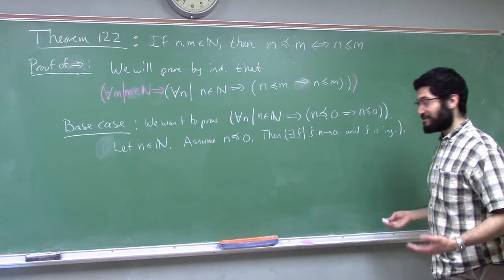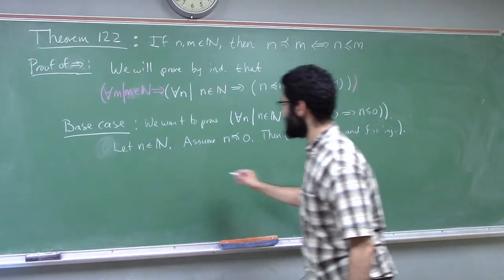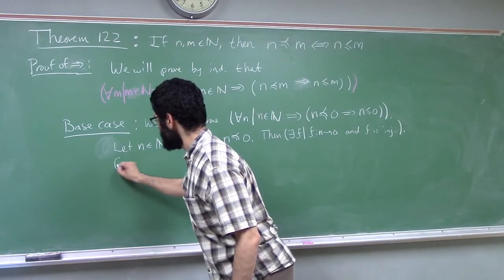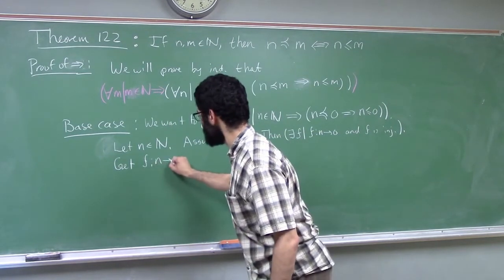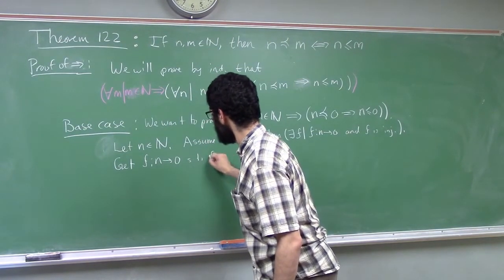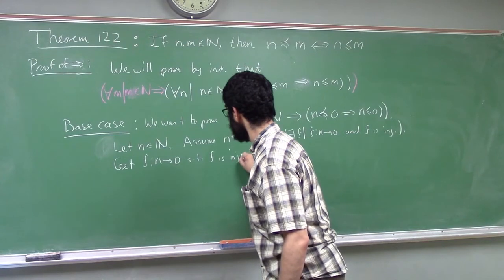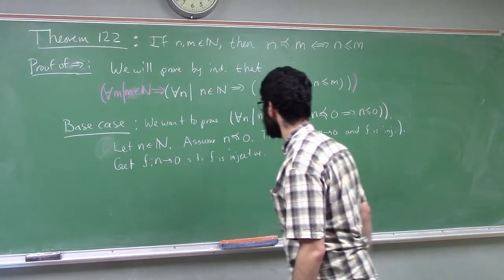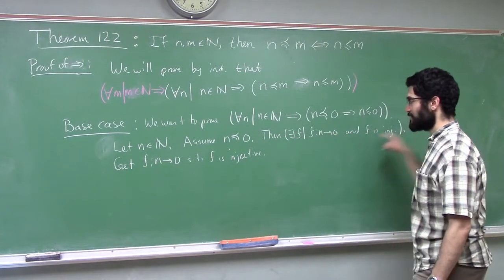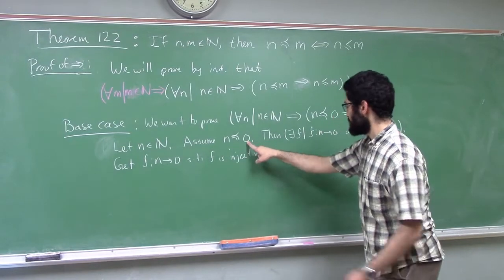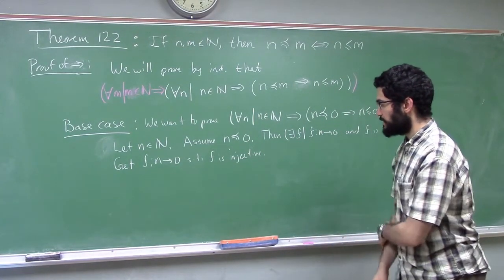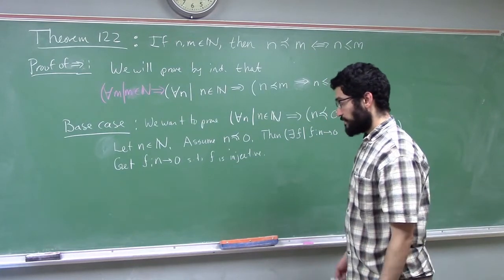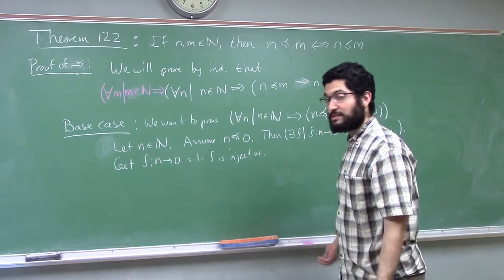So that means we can get an f from n to 0, such that f is injective. You don't really have to write this part. You can just go from this statement, since it's just by definition this, to the next line here. We can get an injection f from n to 0. We don't know anything about f other than that it is an injection.